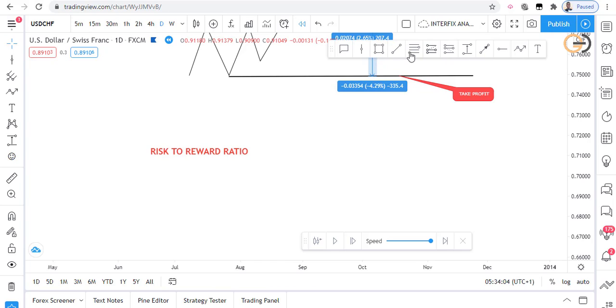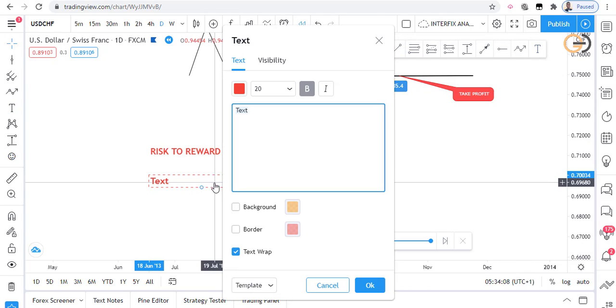So at every point in time, you should be able to risk 1% of your account to get 3%.